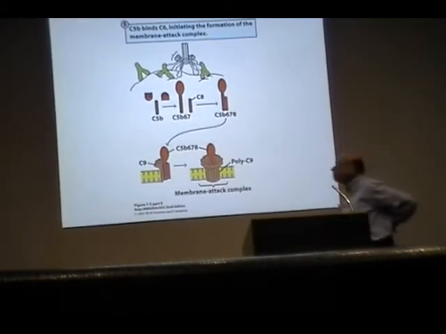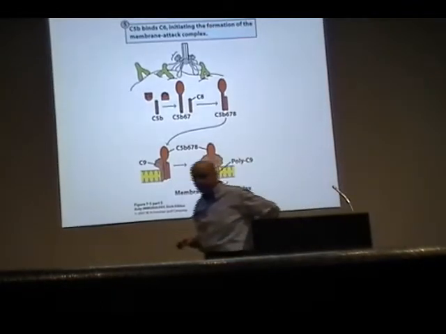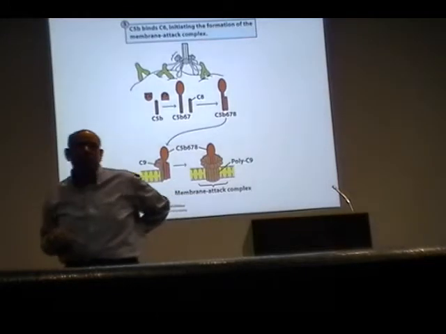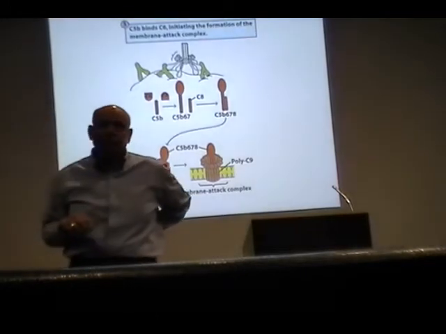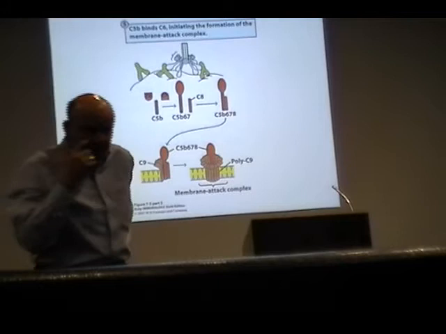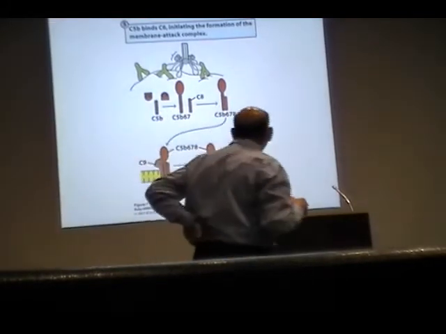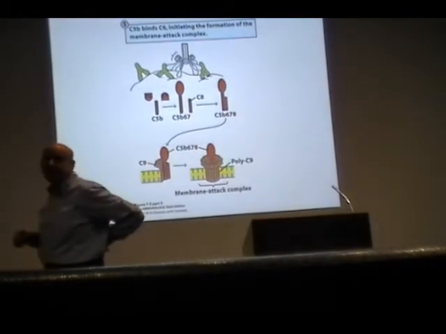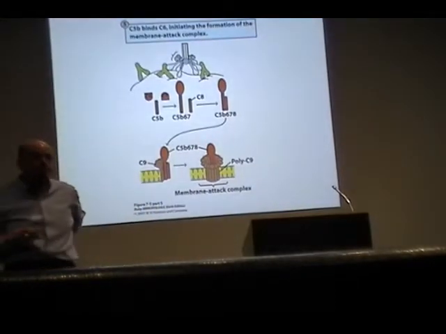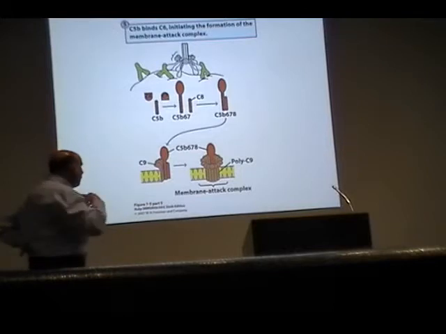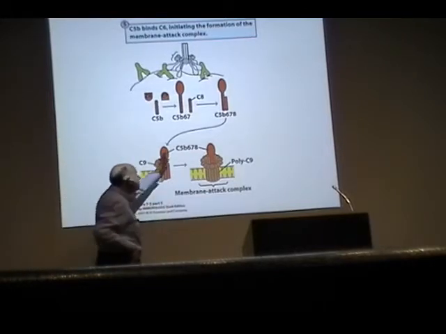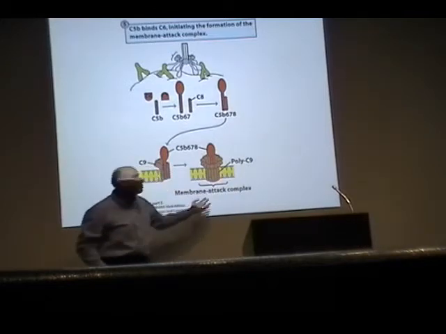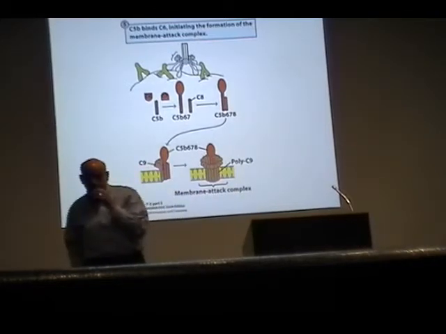C5b, bound to the surface, attracts C6. C5b, C6 attracts C7. C5b, C6, C7 attracts C8. And C5b, C6, C7, C8 attracts many copies of C9. When we put all that together, C5b, C6, C7, C8, C9, we create something called the membrane attack complex.